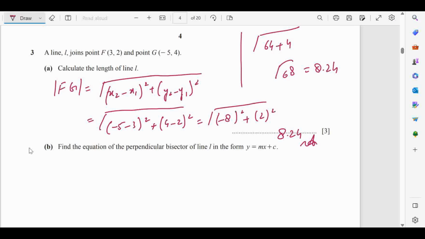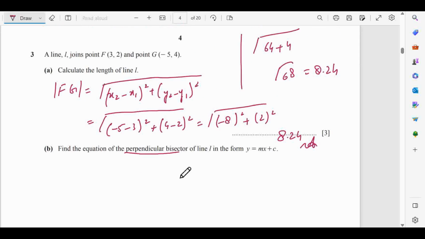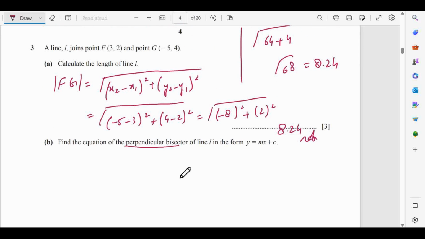Let's move to part B. Find the equation of the perpendicular bisector of the line L. Now this is an important point, that we need to find the equation of the perpendicular bisector.